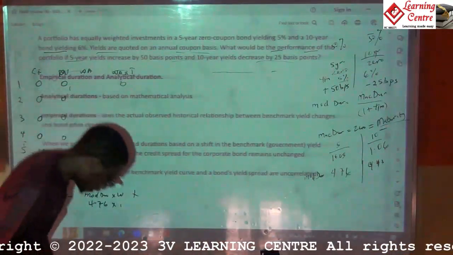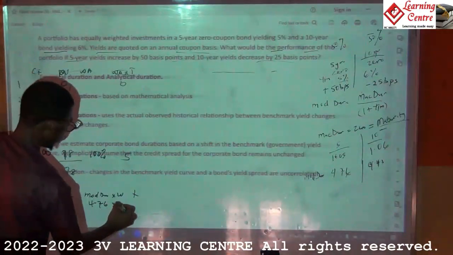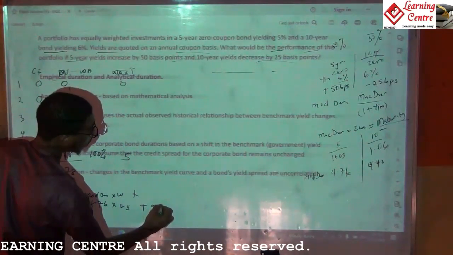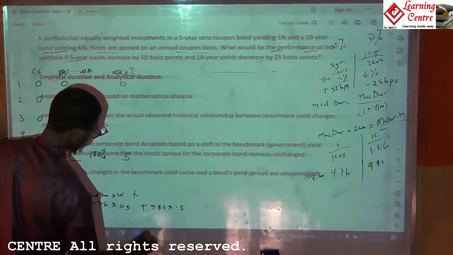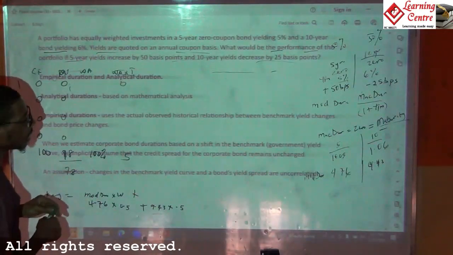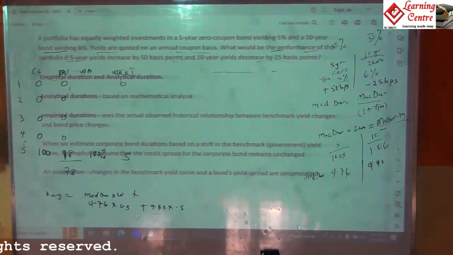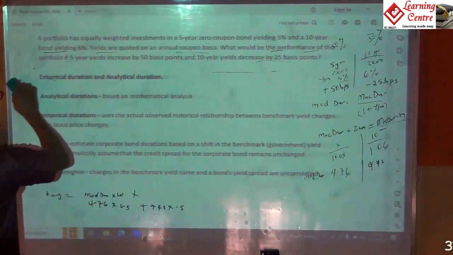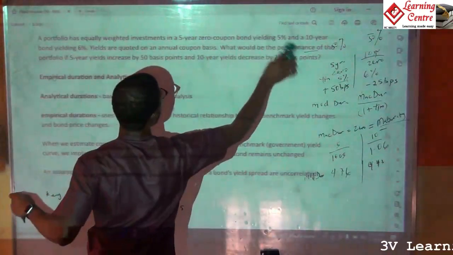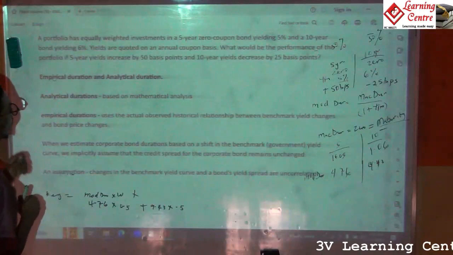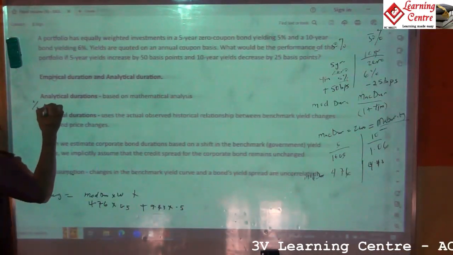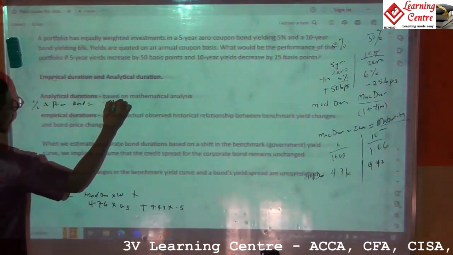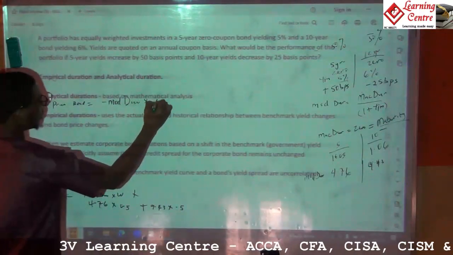Plus 9.43 times the 25 bips. Let's compute the impact of this, and remember our formula for the change in price of the bond: negative modified duration times change in yield.